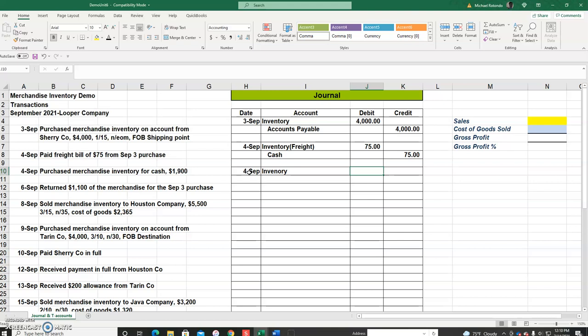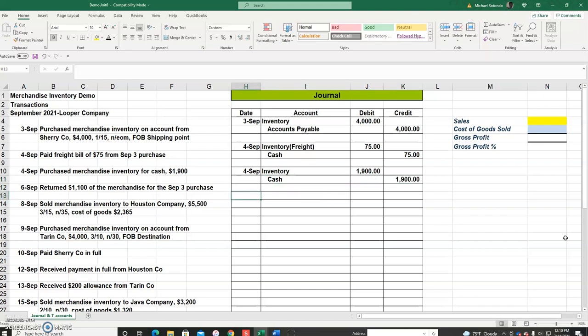So we have to assume that it's FOB destination because they're not telling us anything about it. So again, there are no terms because we're paying cash right up front. Okay, so we're going to debit inventory for $1,900. We're going to credit cash for $1,900.